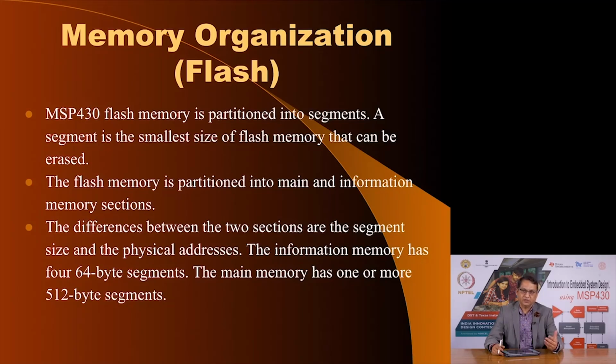One is the memory where you store the code, and the other is what is called the information memory. The difference between the two, the code segment and the information segment, is the size of the segment.